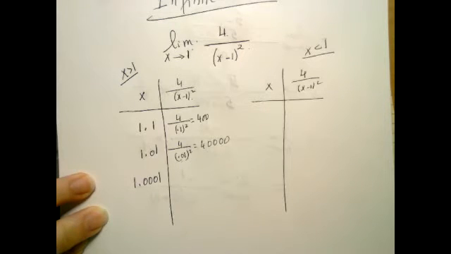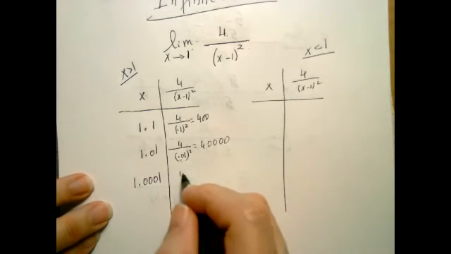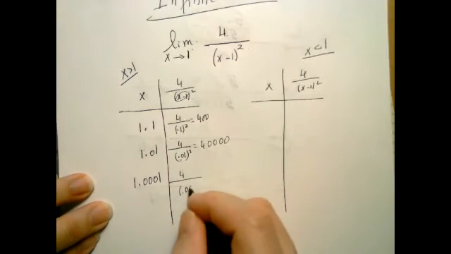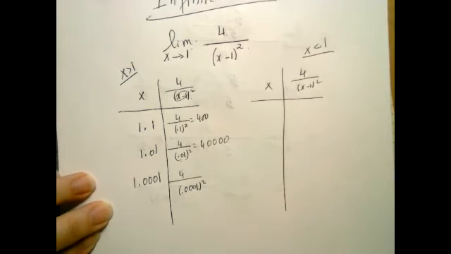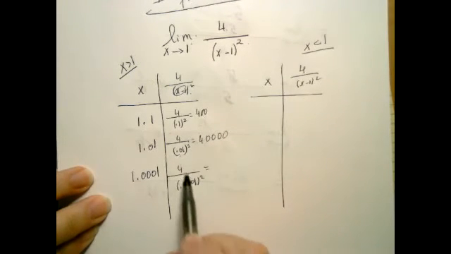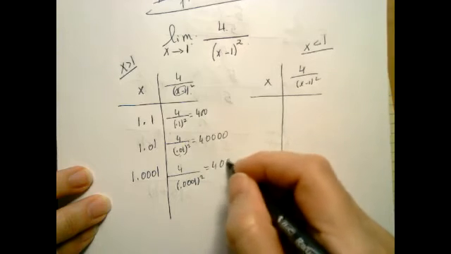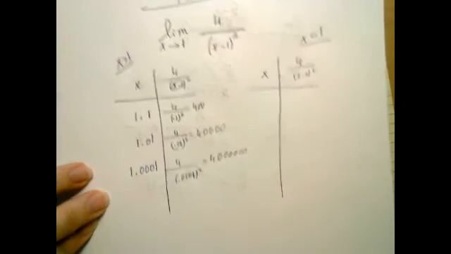Now if we keep going with 1.001, I will have 0.001 squared. I'm dividing by something really small, so the number is going to be even larger. I don't know how many zeros, lots of zeros.